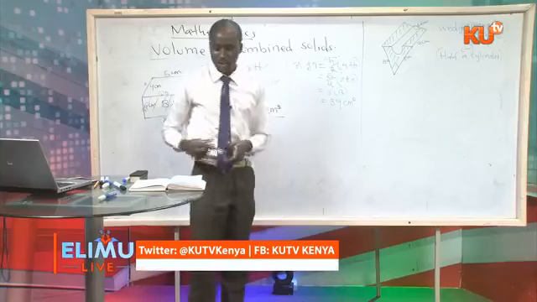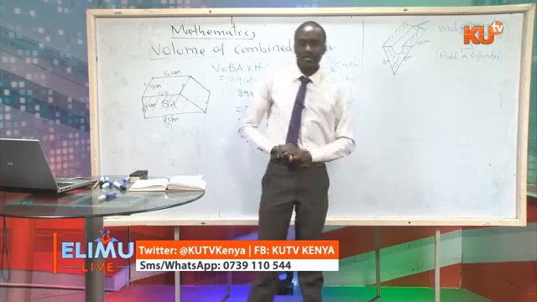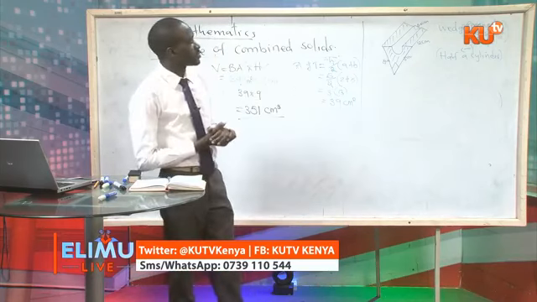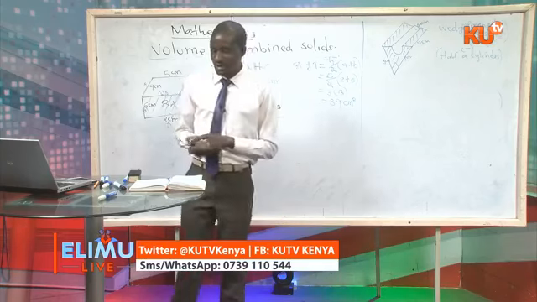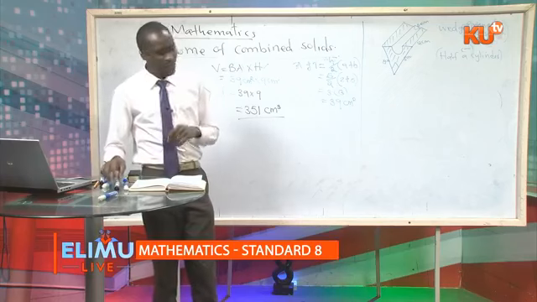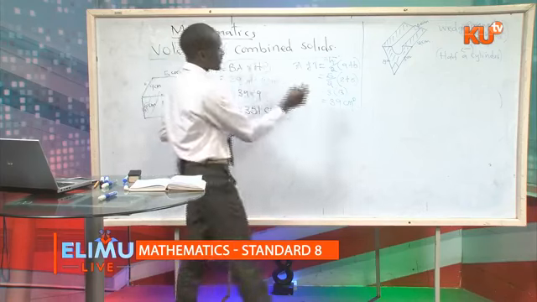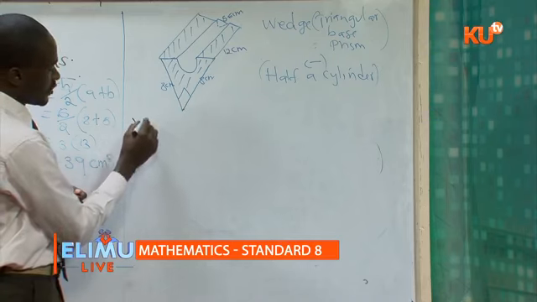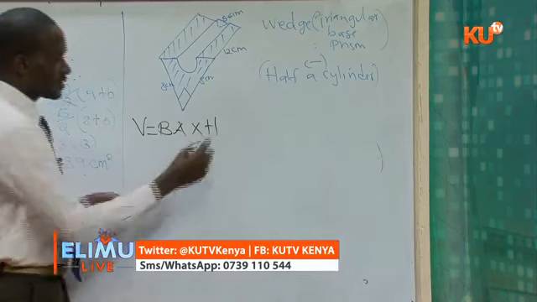Now let's start with the wedge. You realize most learners are conversant finding volume of half a cylinder or volume of a cylinder, but when it comes to a wedge, it's a mountain to most learners. Now, when you find it hard to work out the figure, pick the general formula, which we say, volume is base area times height.